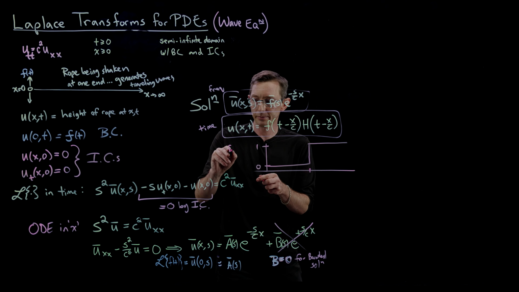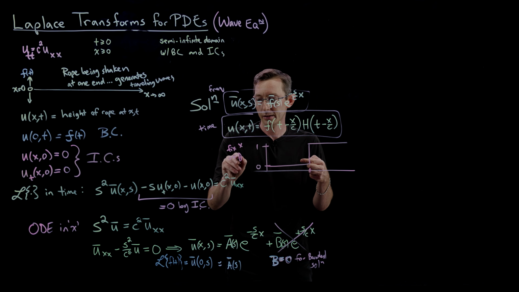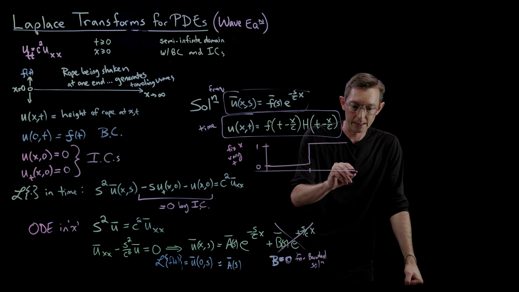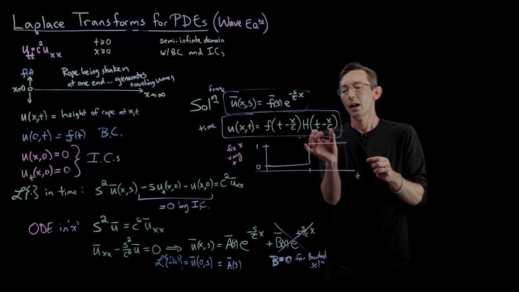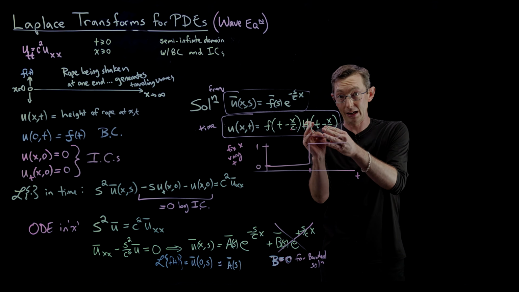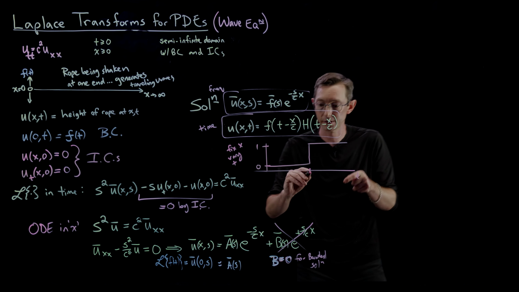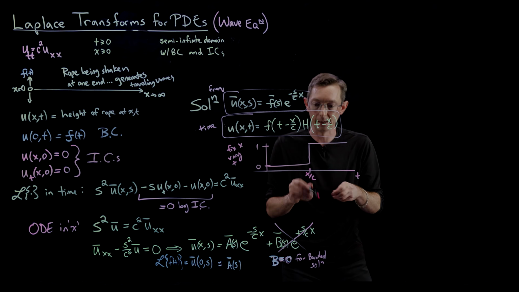So we're going to fix x and vary t. So this is in the t direction. And so this argument for a fixed x, this argument becomes positive, and this Heaviside jumps to being positive when t equals x over c.